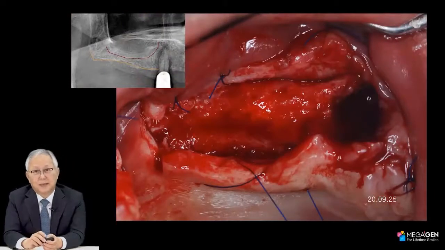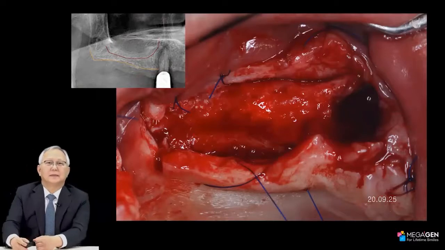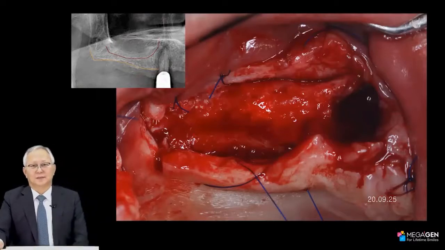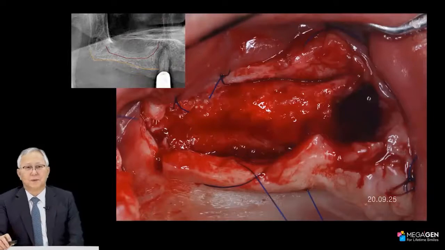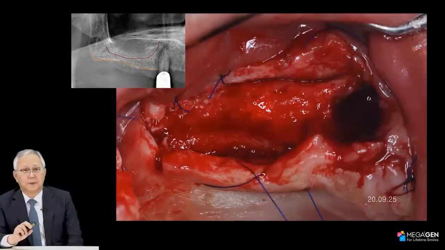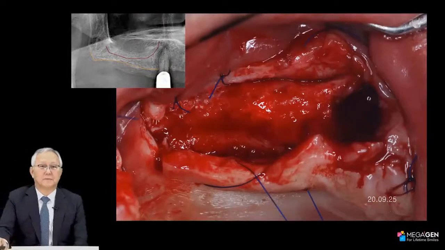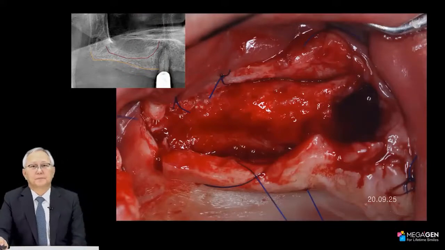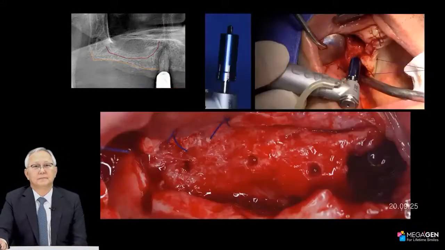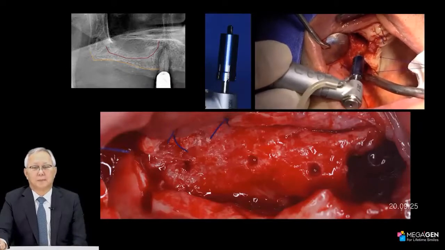And on the right side, as I mentioned, I decided to do the Densah Bur and need to measure the available height as exactly as possible. Then step-by-step drillings.